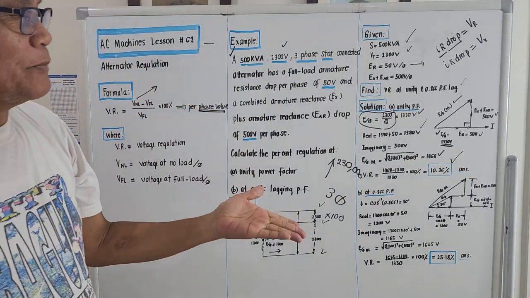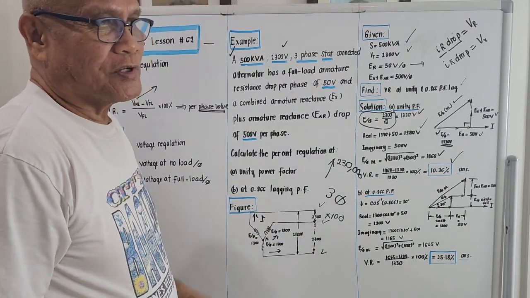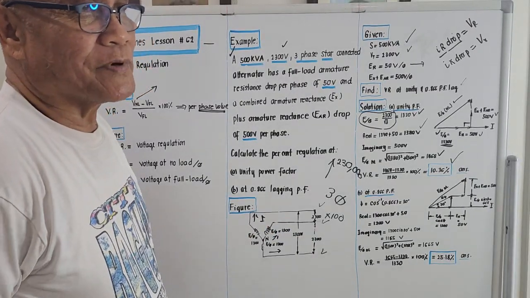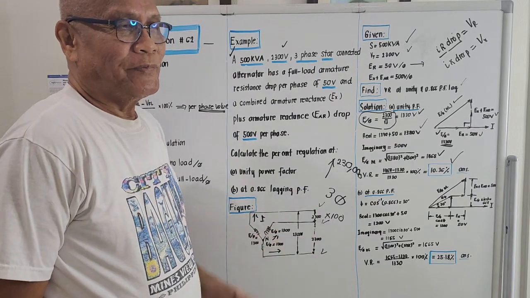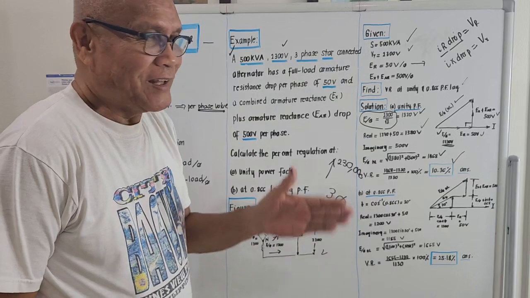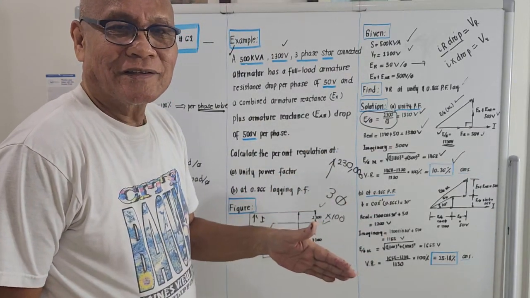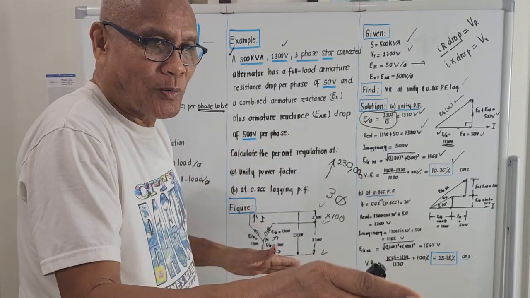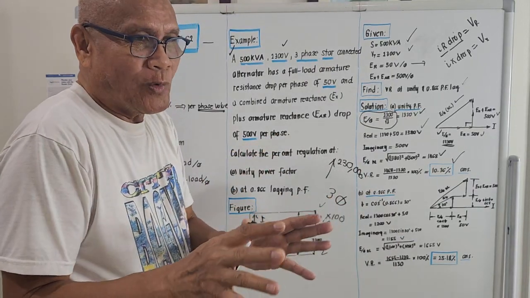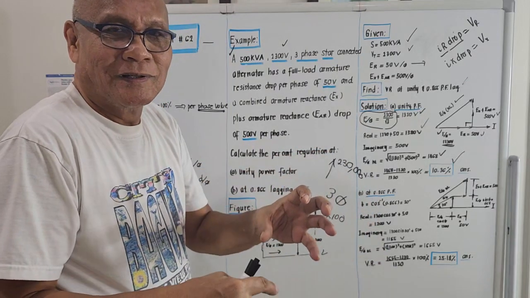It's a little bit high. Why high? Because under the study of transformer, percent regulation is actually in the range of 3 to 5%. Why? Because a transformer has no moving part, and an alternator has moving parts, and there are lots of losses. That's the difference between a transformer and an alternator. The only thing moving for a transformer is the flux circulating.